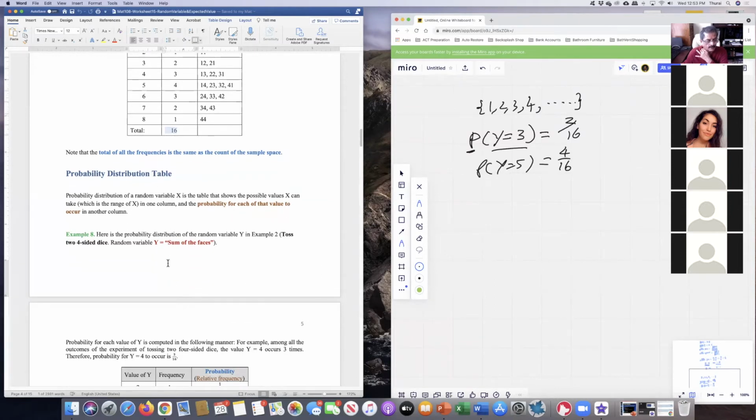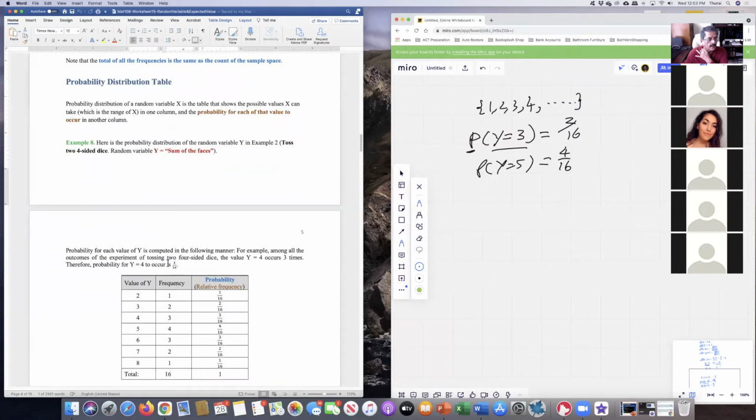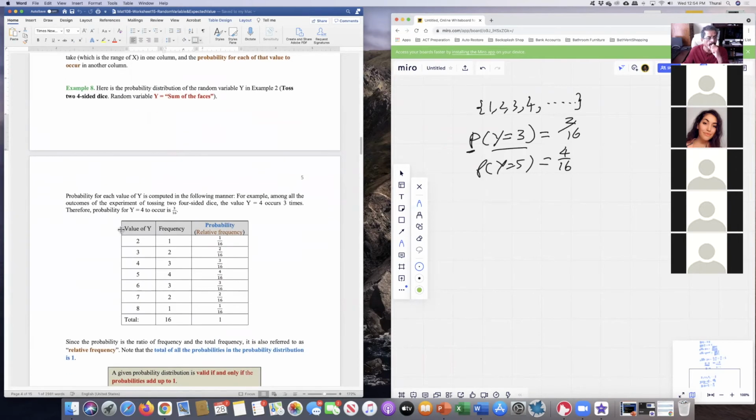That would be showing all the probabilities. So here is my example 8, again the 4-sided dice. If I toss 2 4-sided dice and define the random variable y as the sum of the faces, we already saw this frequency distribution on the previous page.